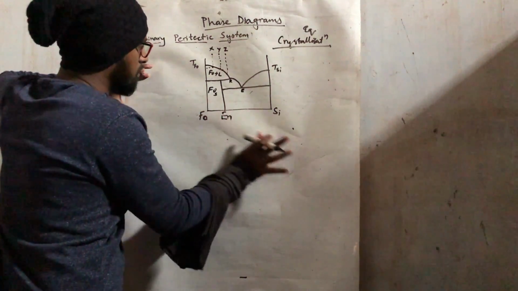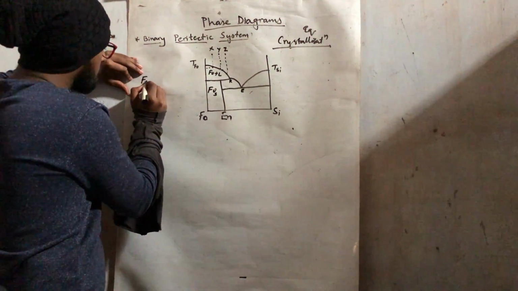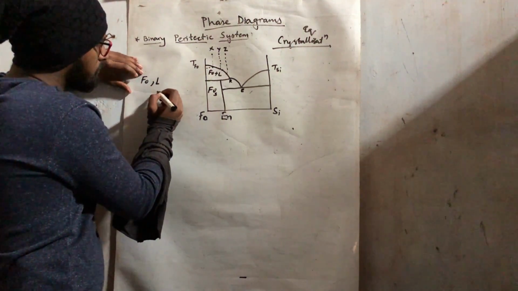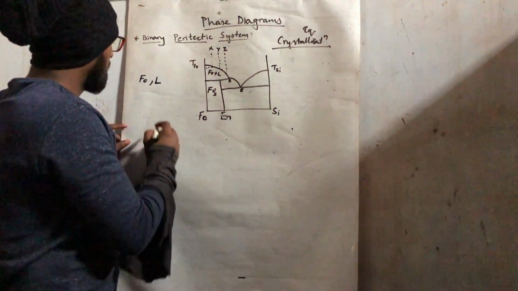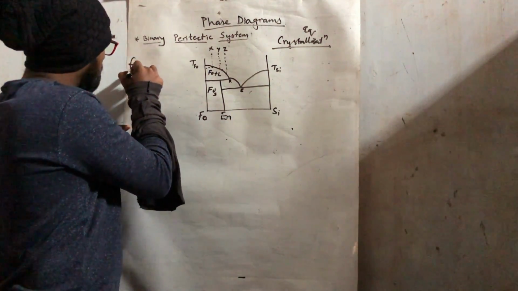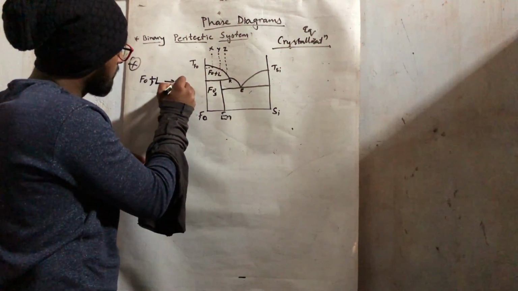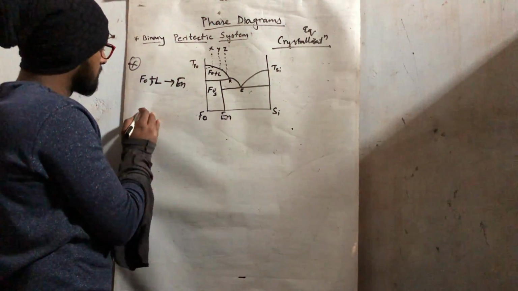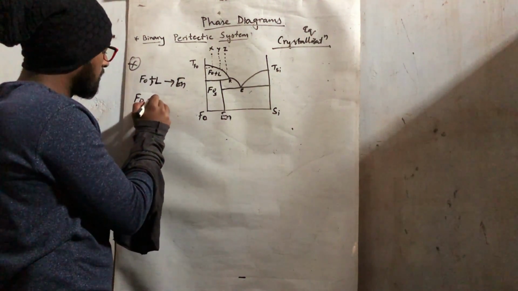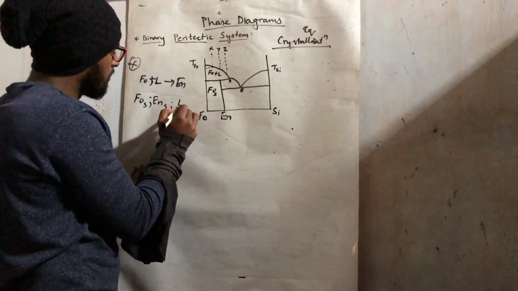So at point R, we will have forsterite and liquid, and then there will be a reaction. Forsterite plus liquid will give enstatite, and now there are three phases: forsterite solid, enstatite solid, and liquid.